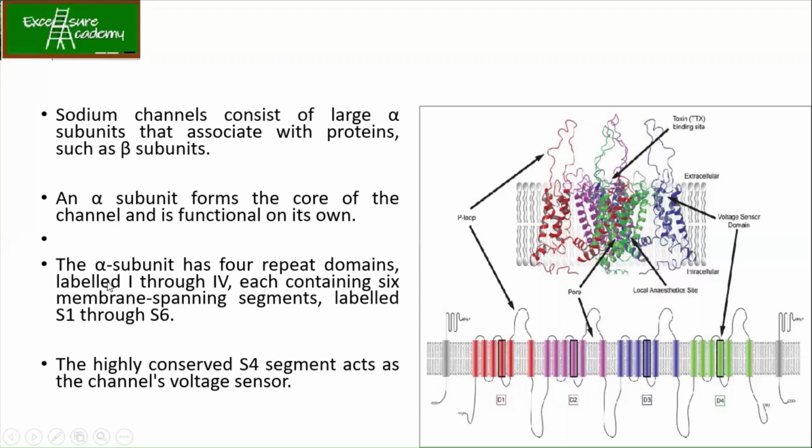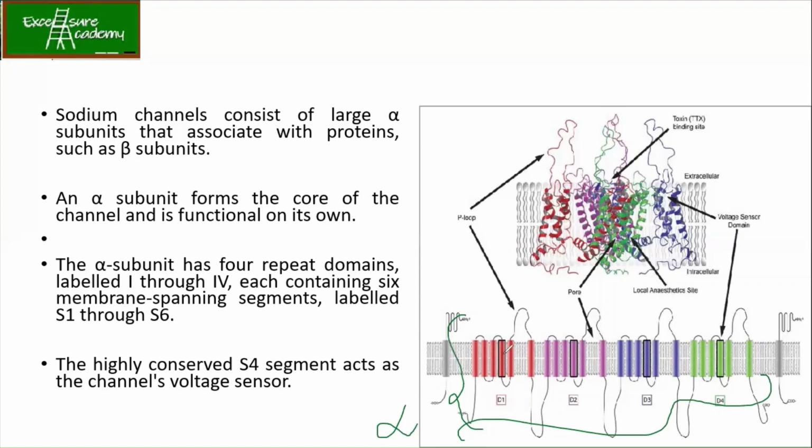The alpha subunit has 4 repeat domains labeled 1 to 4, each containing 6 membrane spanning segments labeled 1 to 6. Is that clear? This entire thing is your alpha subunit.